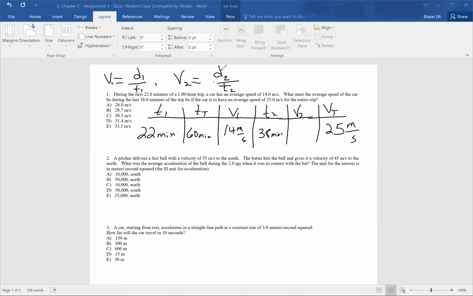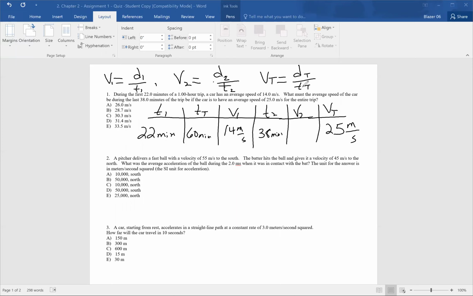So what do I do? Well, first thing I can do is find the total distance, because we know that the total speed is the total distance divided by the total time. Well, now you say, what does that mean?